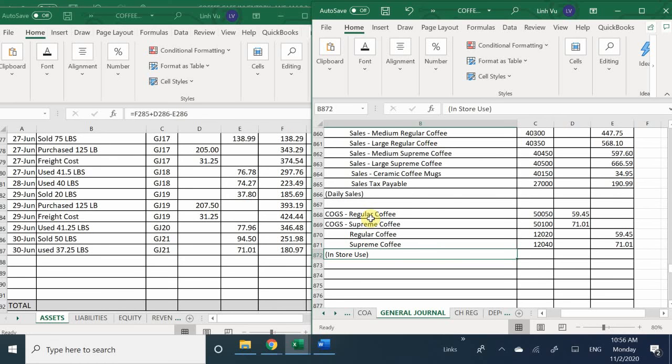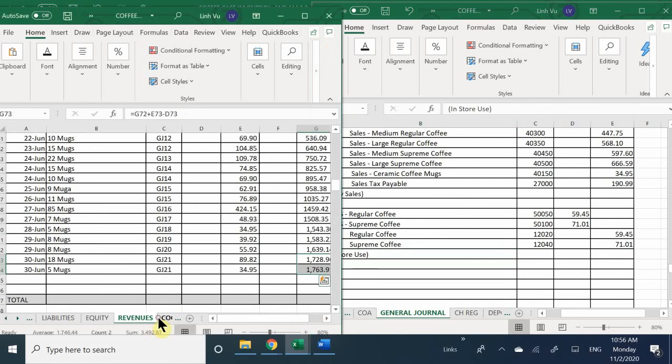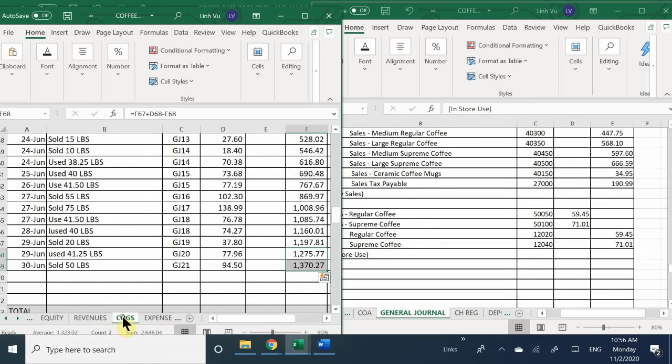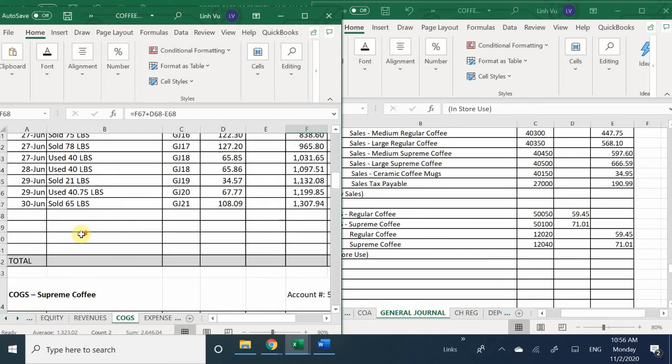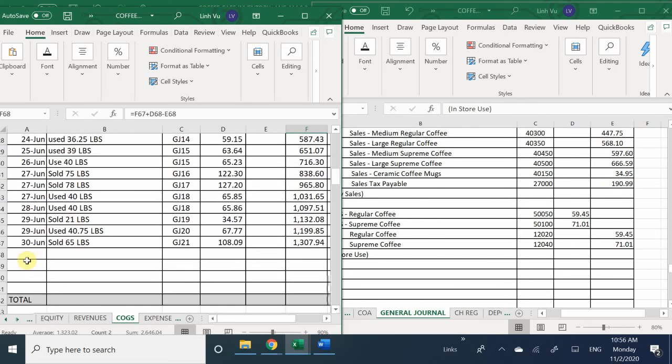What's the first thing you journalize? The regular coffee. There's something before that. What is this word right here? Cost of goods sold. Yes. Cost of goods sold. All right. That's our expense because we need to get rid of our inventory, so we have to expense it.